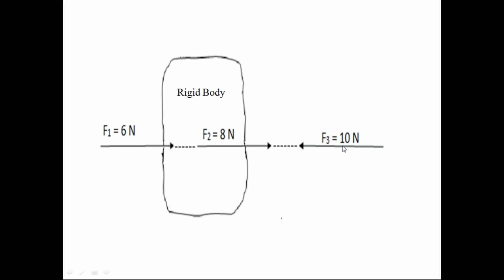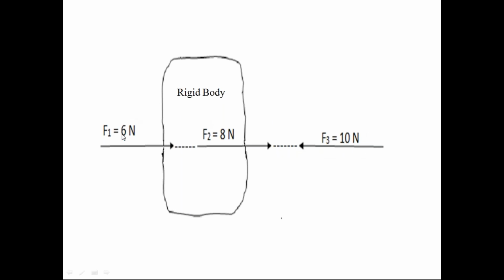Now look at the lines of action of the 3 forces. The line of action of force F1 is along a straight line. The line of action of F2 is also on the same straight line. The line of action of F3 is also on the same straight line. Even though the F3 direction is opposite to the F2 direction, the lines of action of all the 3 forces lie on the same straight line.